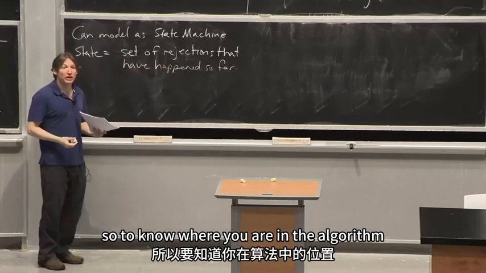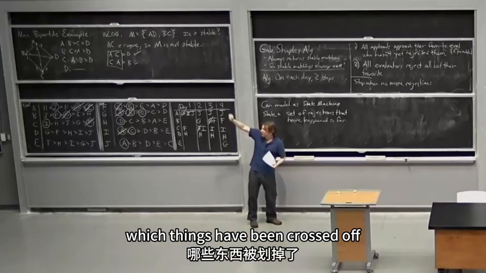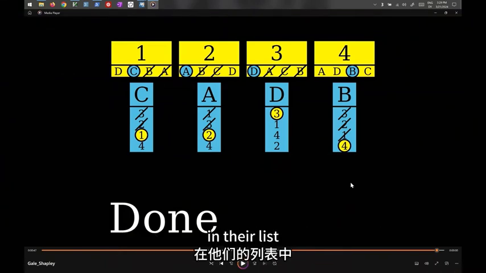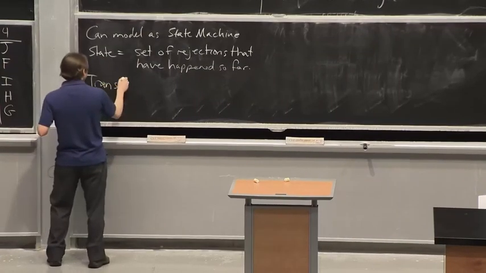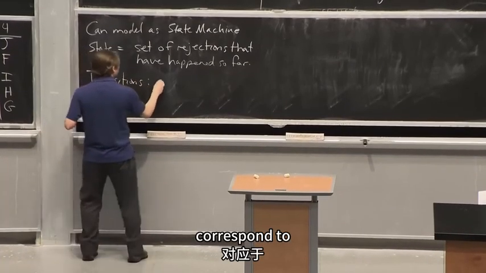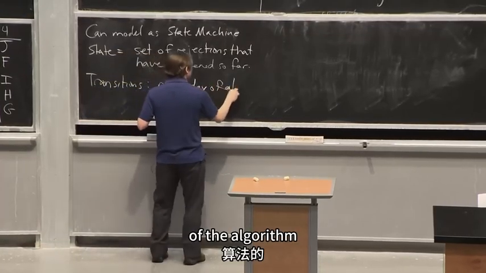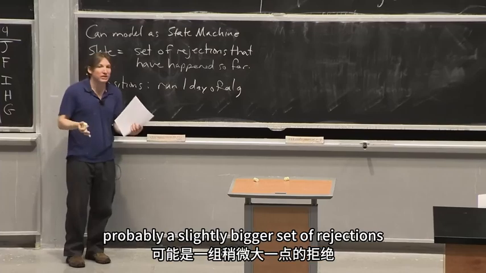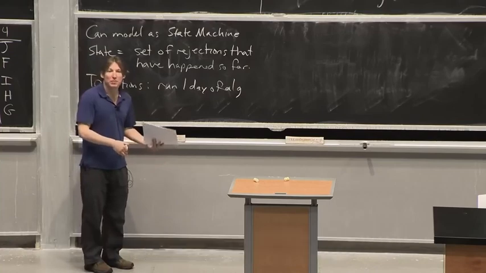So to know where you are in the algorithm and where you have to resume to start the next day, all you need to know is which things have been crossed off from which people's lists, and then you know what happens the next day, because each of the applicants just goes to the next one in their list. All right? And transitions correspond to running one day of the algorithm. This is a way to transform one set of rejections into probably a slightly bigger set of rejections. Whatever rejections happen on that day are now also part of the new state.